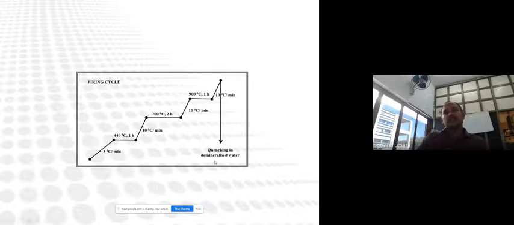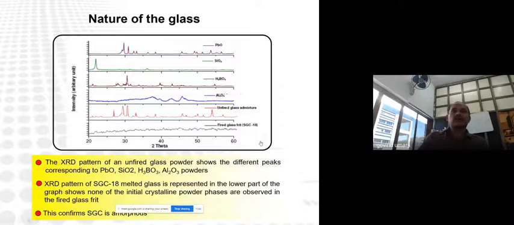In order to confirm whether the glass is really formed, one way is to characterize it by XRD. So this is the X-ray diffractometer pattern where we can see lead oxide, silicon dioxide, boron trioxide, and Al2O3. These different precursors have their own XRD patterns, and this is after mixing all the ingredients.